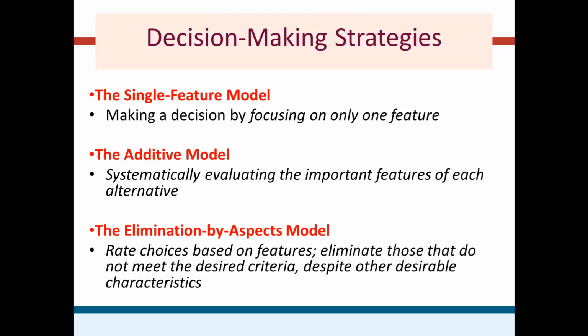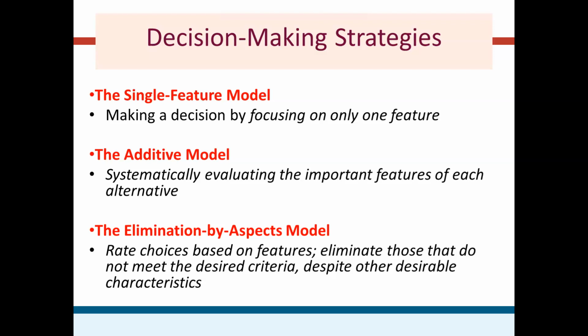The third decision-making strategy we'd like to talk about is the elimination by aspects model. That's when we basically rate choices based on features. We eliminate those that do not meet the desired criteria despite other desirable characteristics.